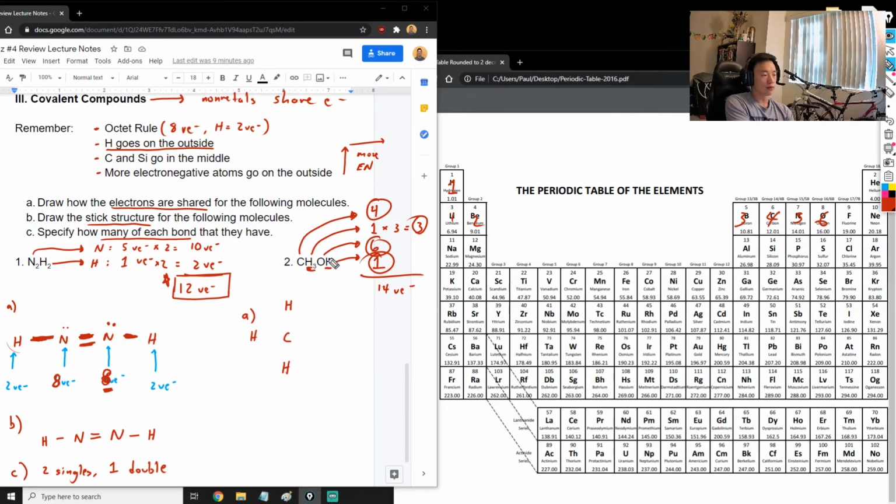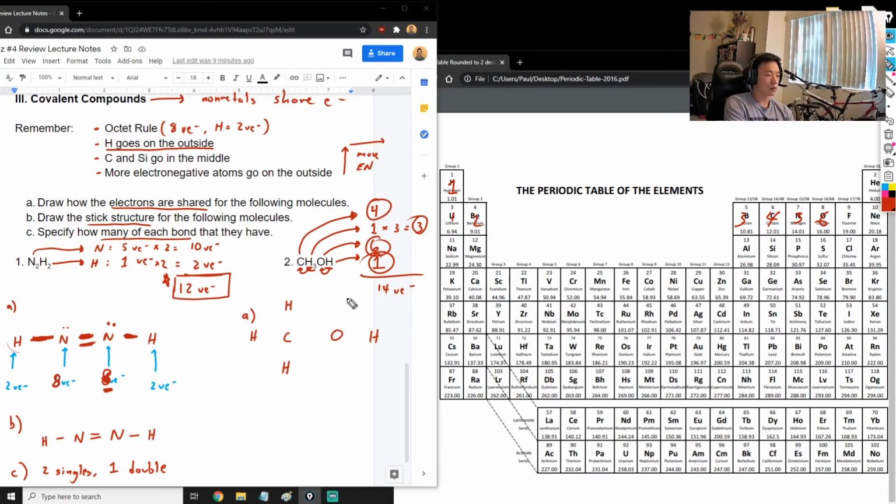Okay, remember from the last lecture that if they're separated like this, it kind of tells you which one it's connected to. So these 3 H's are probably connected to the C because it's right next to the C. And this H is probably connected to the O because it's separated from the other H's. So we have 3 H's around the C because C goes in the middle, H goes on the outside. And then we're going to write O, and then H is probably connected to the O. So I'll put the H right there.